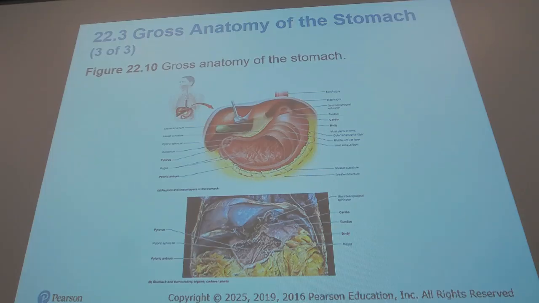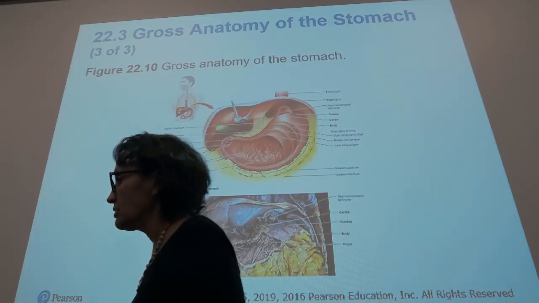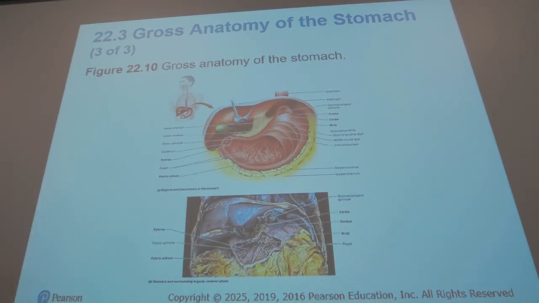It is an epithelium that has specific cells, like the parietal cells that produce hydrochloric acid. And then we have mucus cells that produce mucus. And then we have chief cells that produce other molecules. So we will see each of those.